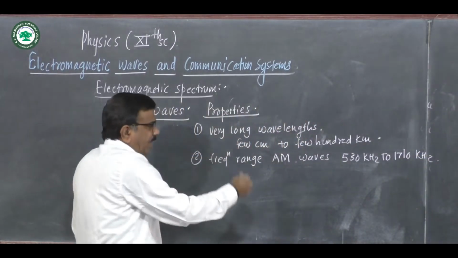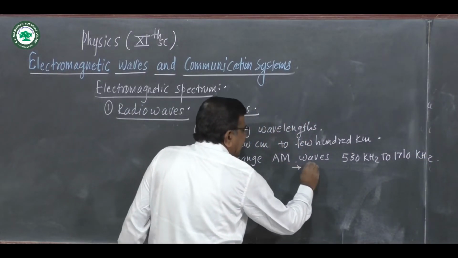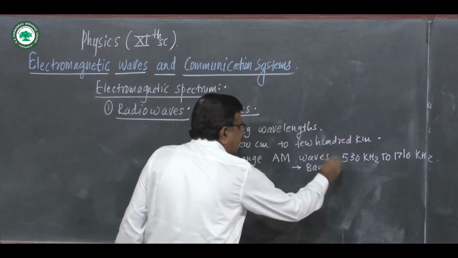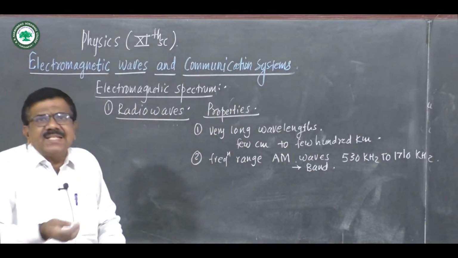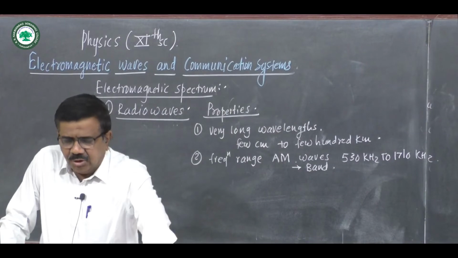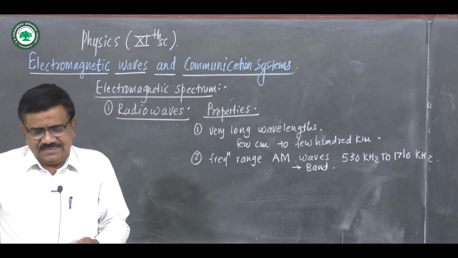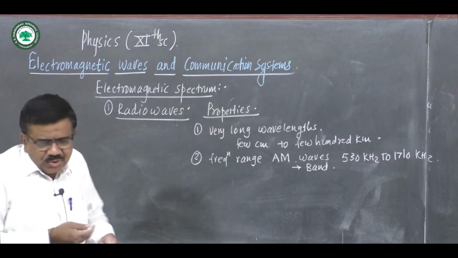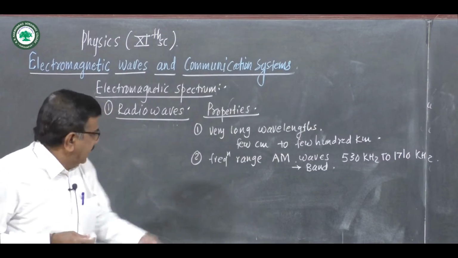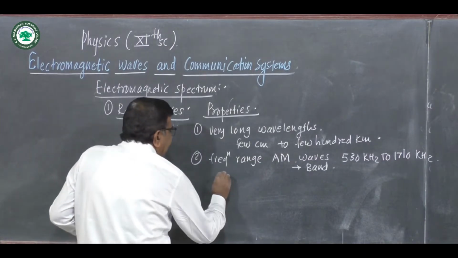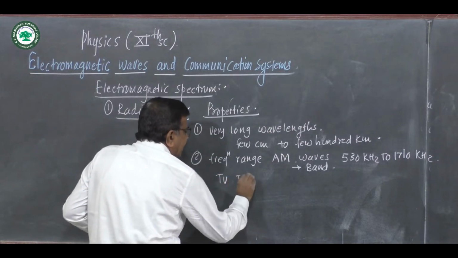Amplitude modulated waves or AM band radio waves, the frequency ranges from 530 kilohertz to 1710 kilohertz. They are used for TV transmission signals.